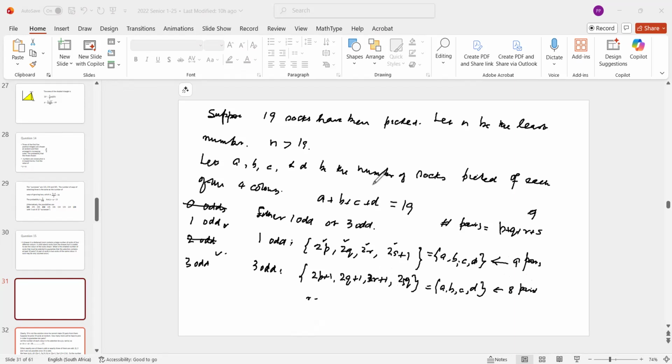See? So, in the case of the one odd, how many more must you take to guarantee that you get one more pair? Now, you have to think carefully about this. The worst case, you have to think the worst possible case, because you want to guarantee. Worst possible case is if you picked up one from here, that doesn't give you a new pair.